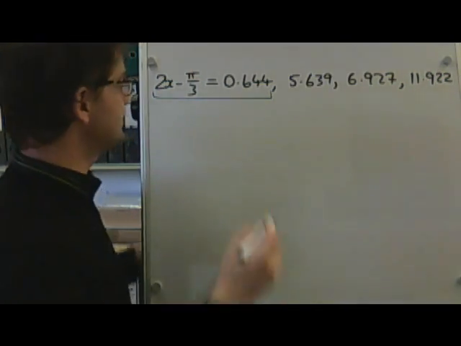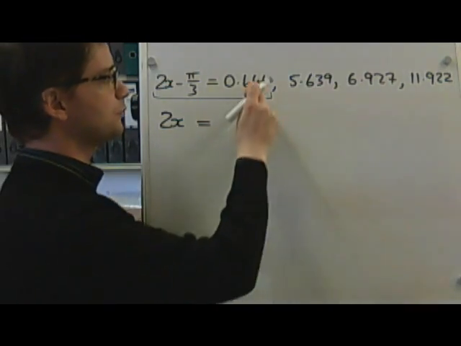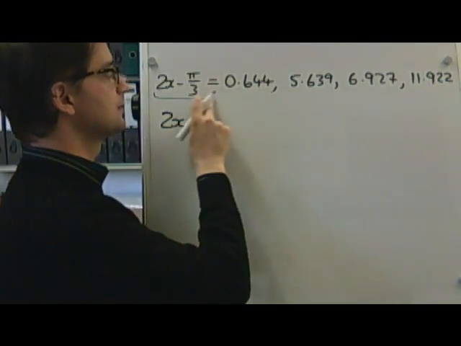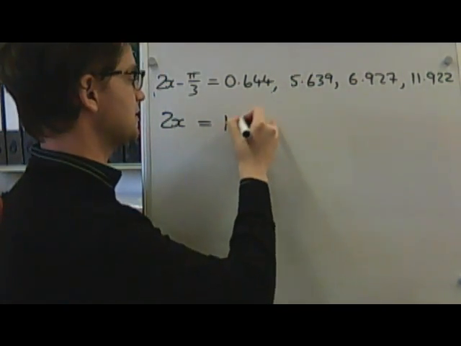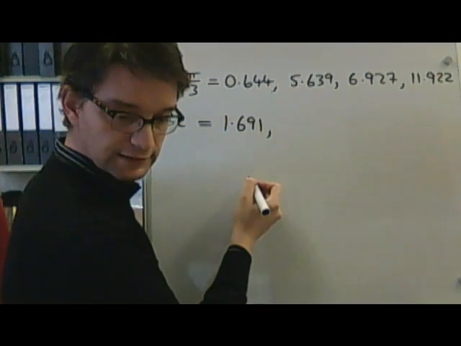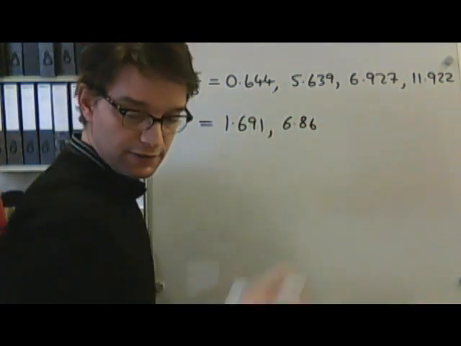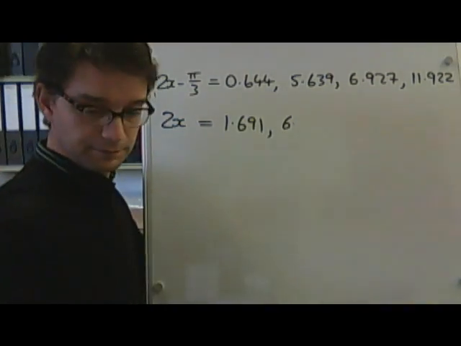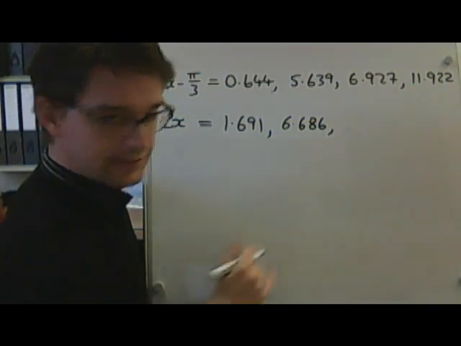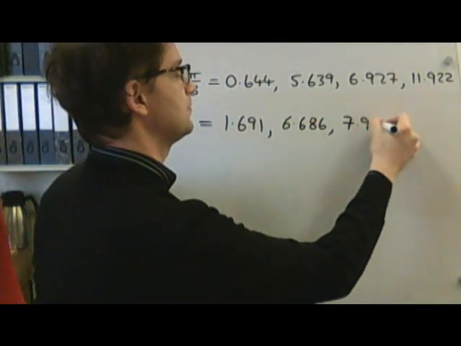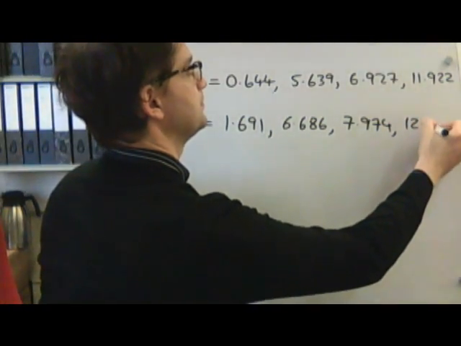The way I'd probably write it out is I'd next say 2x equals each of these things with pi by 3 added, which I think, as we said, it comes to 1.691 for that one. Comes to 6.686 for that one. 7.974 and 12.969.